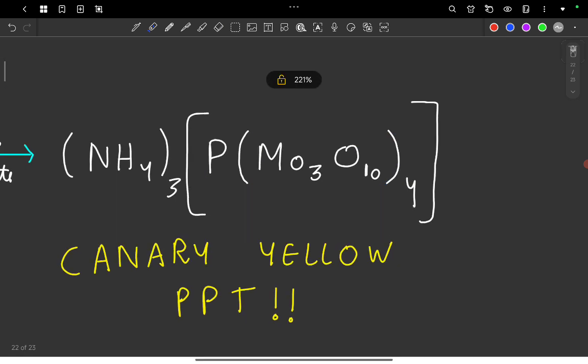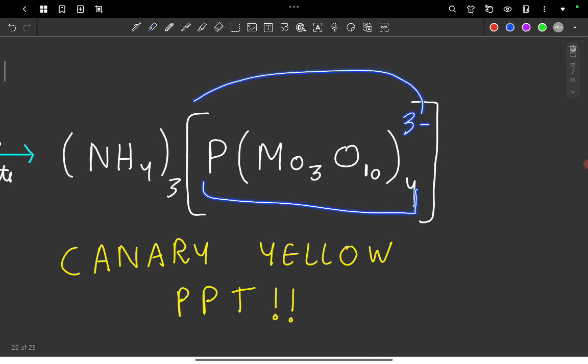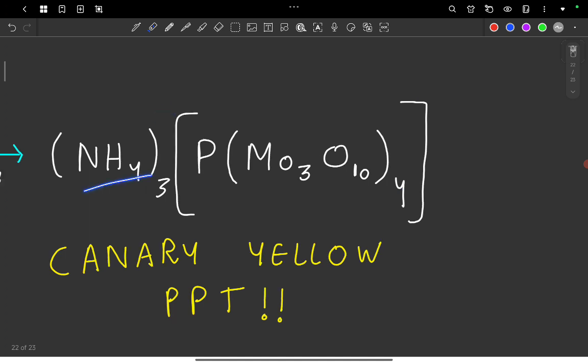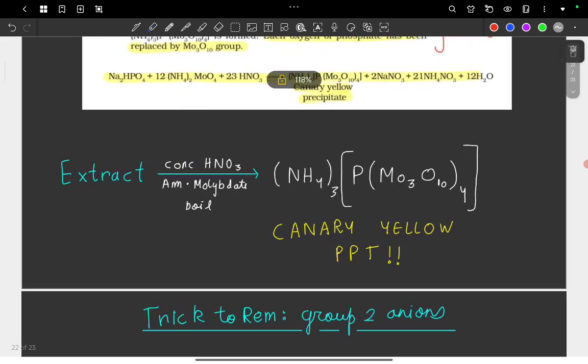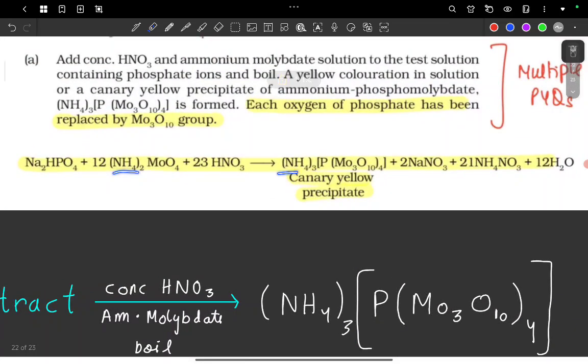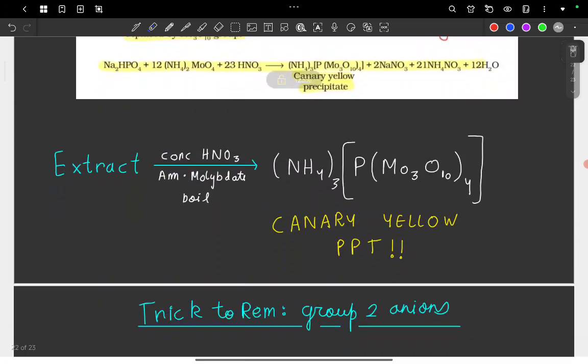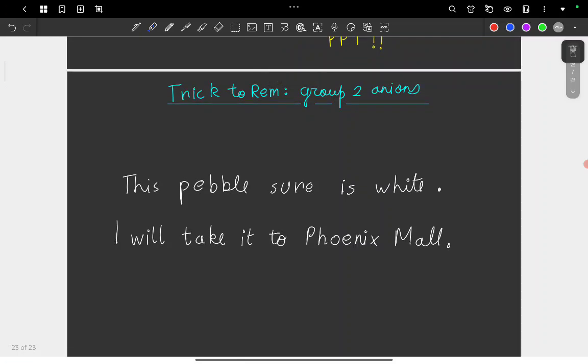Once this is done, this entire thing will have -3 charge, which will be counterbalanced by the +3 charge coming from the ammonium ions. Ammonium ions here are the spectator ions, and they don't take part in the reaction. Okay, this gives canary yellow PPT, and that was it. Group 2 anions is done.